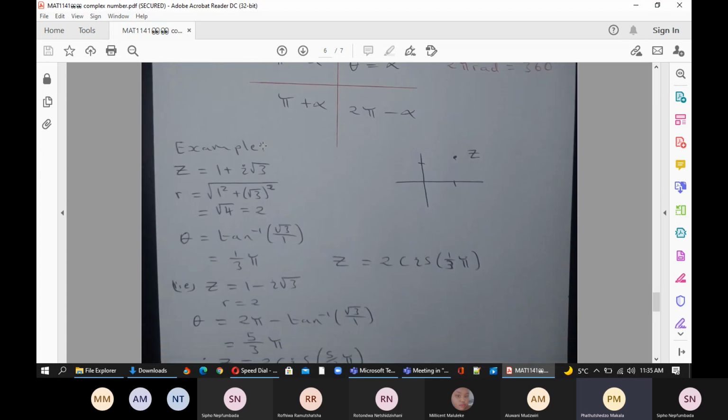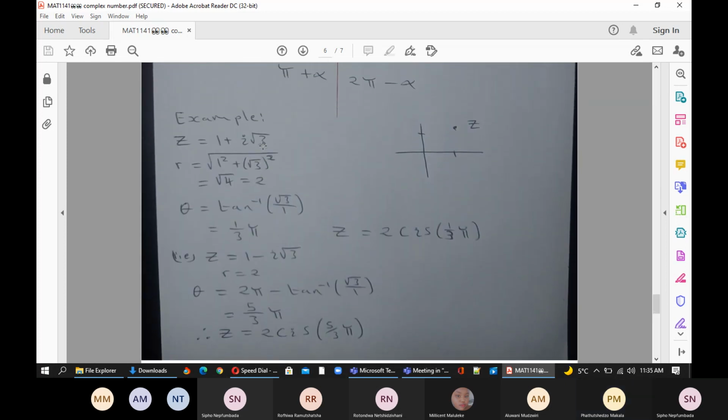So now, R is given by the root of A squared plus B squared, where A is 1, where B is root 3. Therefore, when you press your calculator, you will get 2. Any question from there?